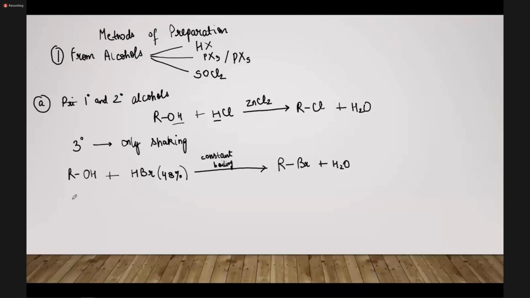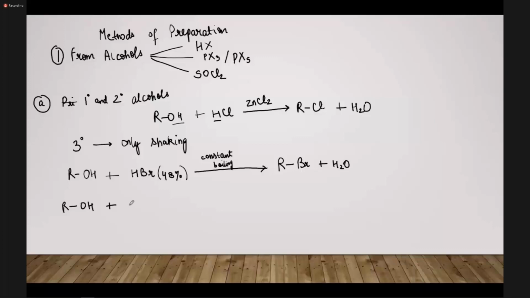Then we come to the alkyl iodide. So here also something special is there. See, these reactions for the different halides are different. I mean, the way to manufacture them, the way to prepare them is different because every halogen has different properties, right?